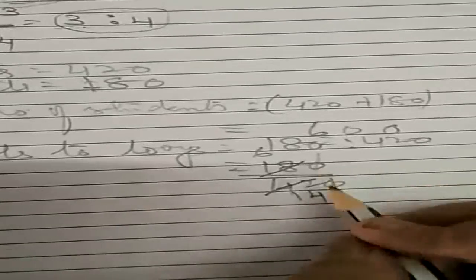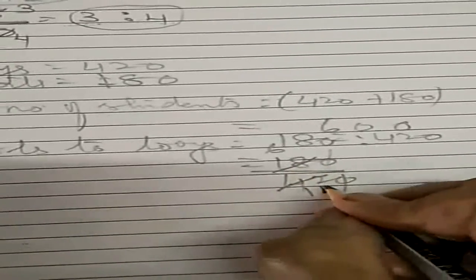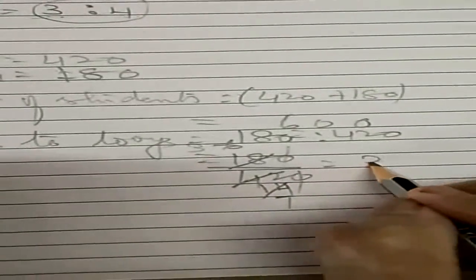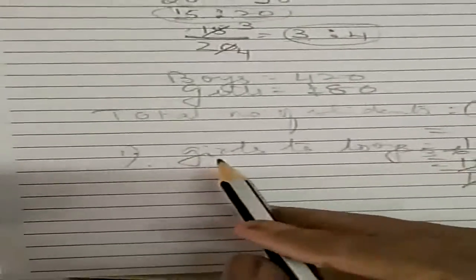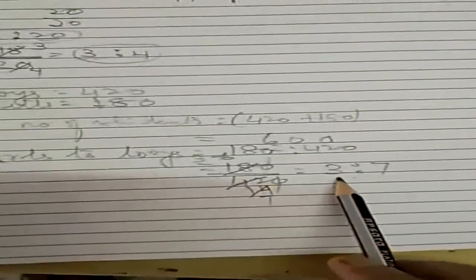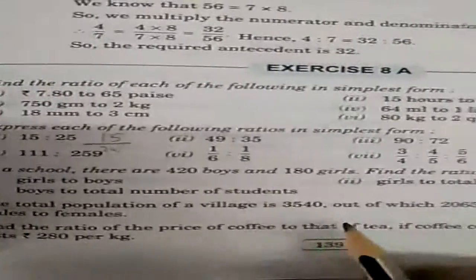Then after the 6 and 14, again it will cancel in 2 table. 2 7s are 14, 2 3s are 6. So 3 and 7, can you cancel further? No. So what is the answer? 3 is to 7. So the ratio of girls to boys is 3 is to 7.